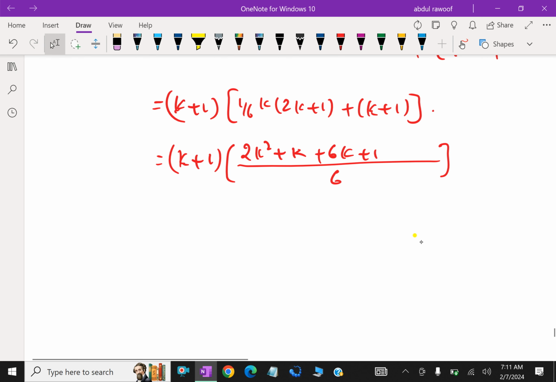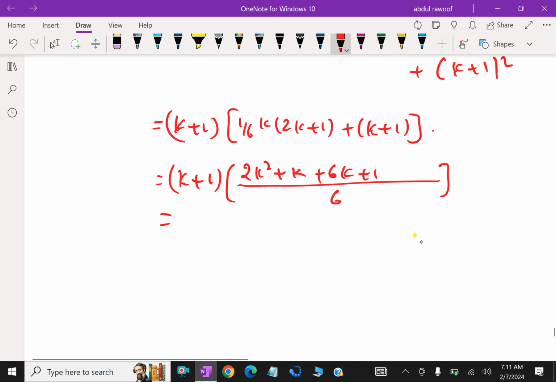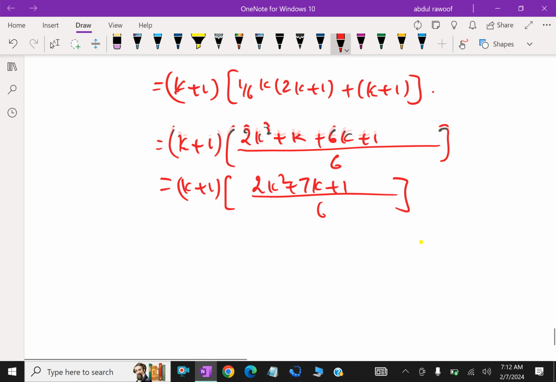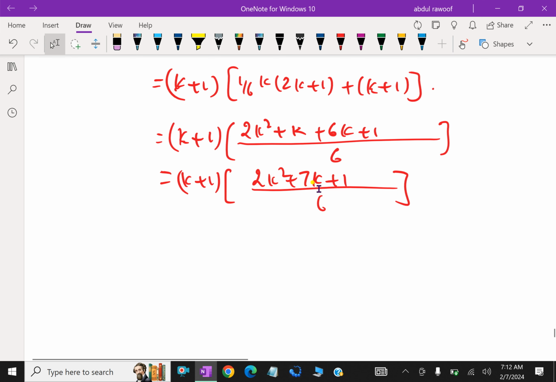Then which is equal to k plus 1 over 6 into 2k square plus 7k plus 6. Then factorizing 2k square plus 7k plus 6, we can get k plus 2 into 2k plus 3.